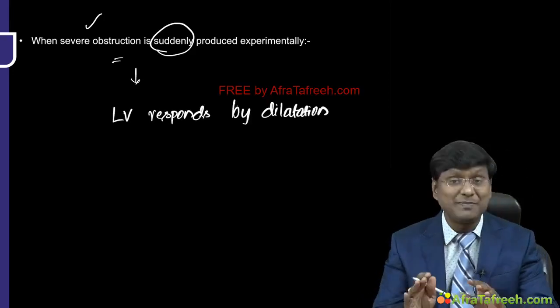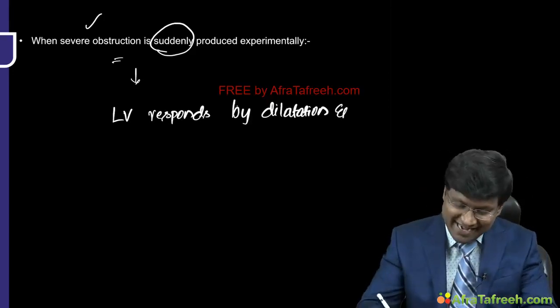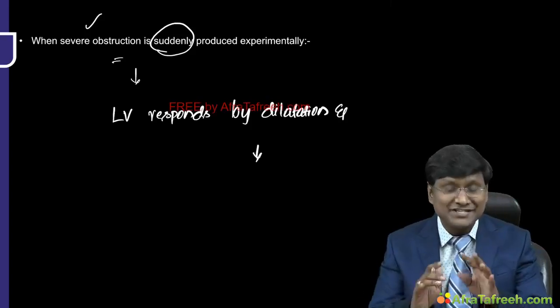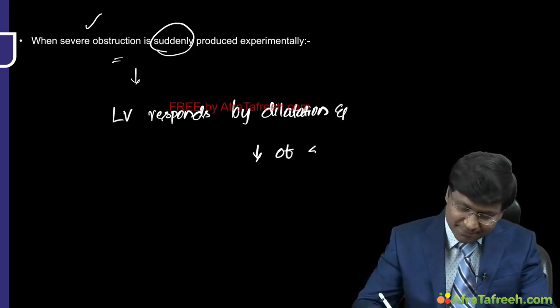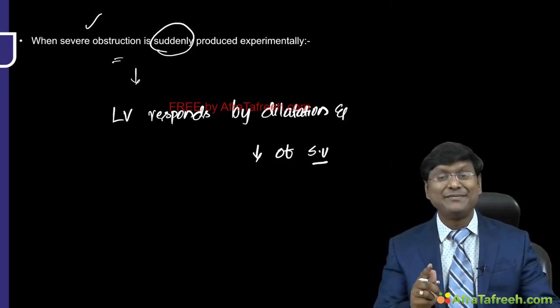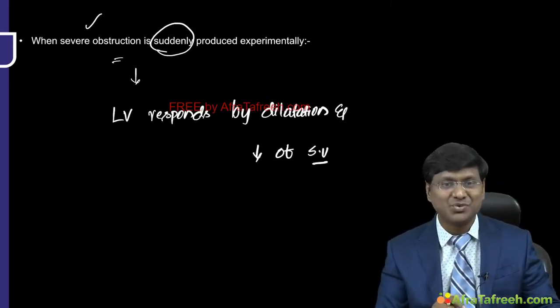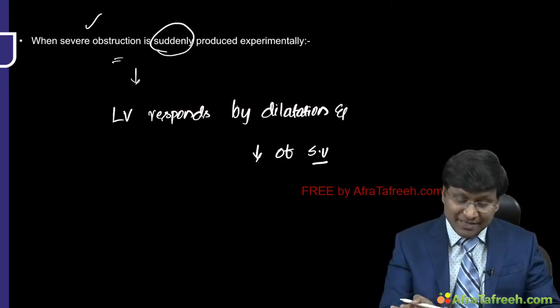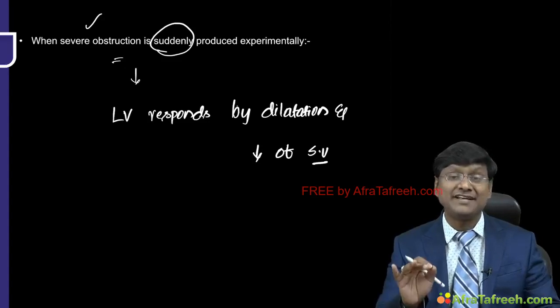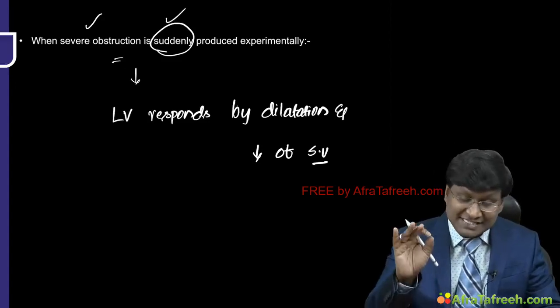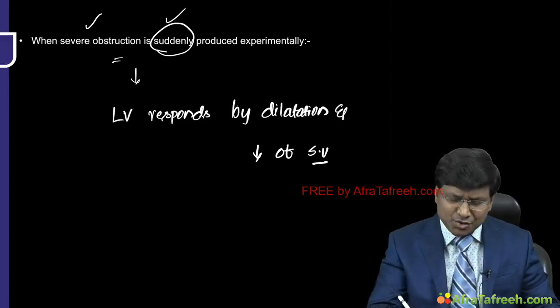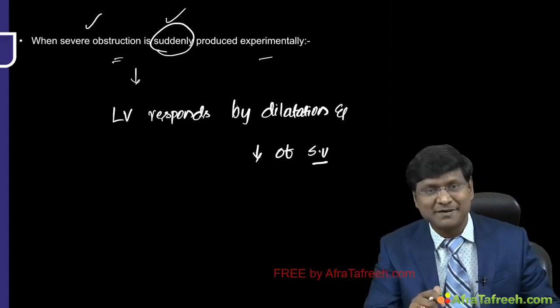The left ventricle responds by dilatation, and there will be reduction of the stroke volume, right? There will be reduction of the stroke volume. So this will be the response of the LV if there is LV obstruction which is sudden in onset, which usually, let us just assume, experimentally.